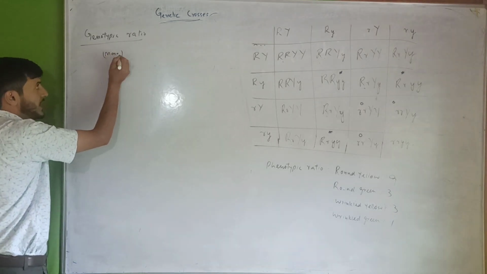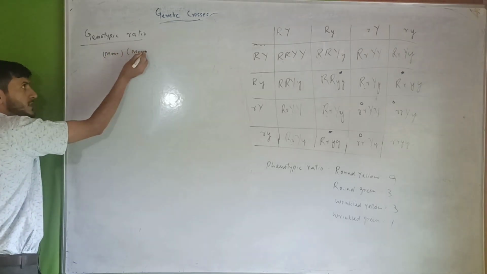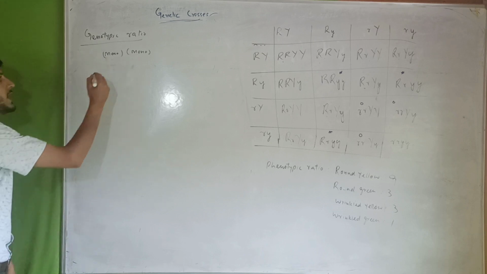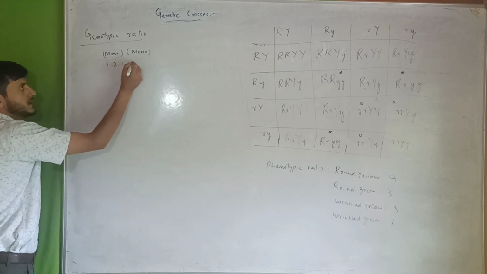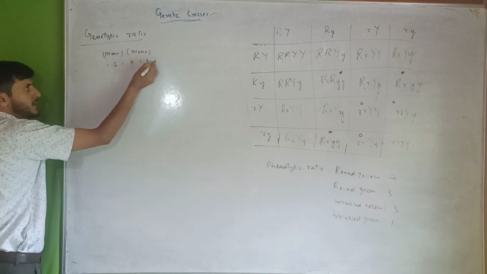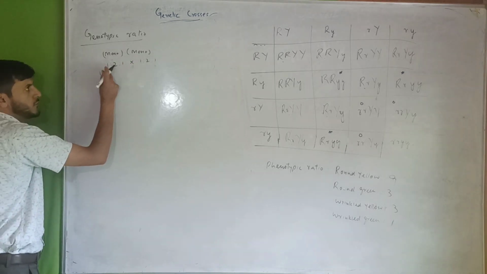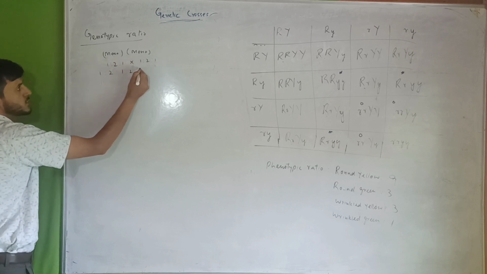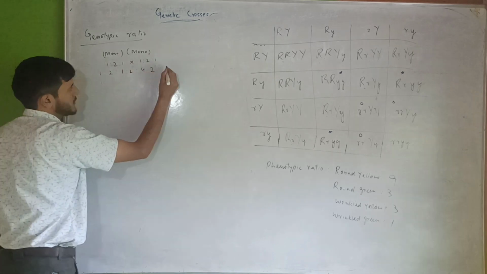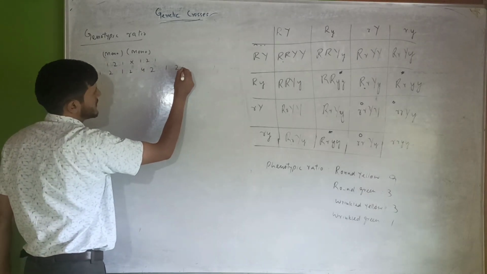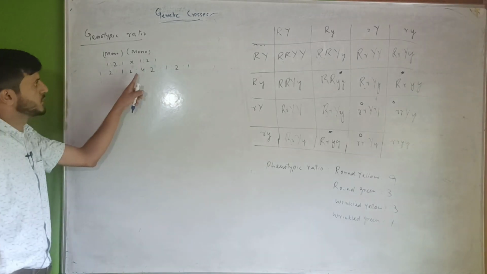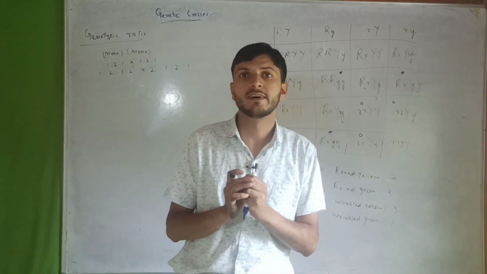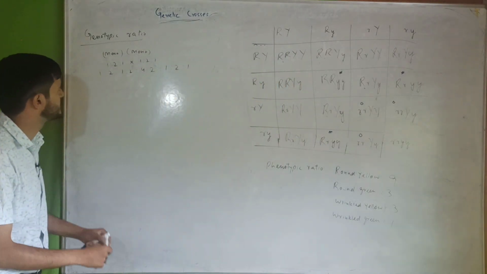In the monohybrid cross, the genotypic ratio is 1:2:1. So 1:2:1, 1:1, 1, 1:2, 2, 1:1, 1. Now 2:1, 2, 2:2, 4, 2:1, 2. Now 1:1, 1, 1:2, 1, 1:1, 2, 4, 2, 1:1. This is the genotypic ratio of the dihybrid cross.